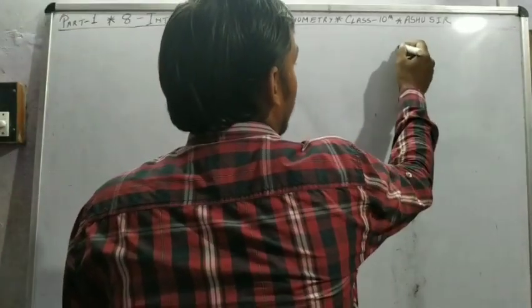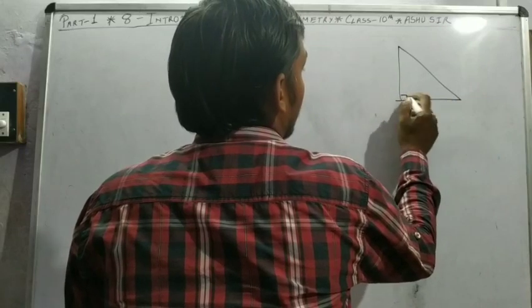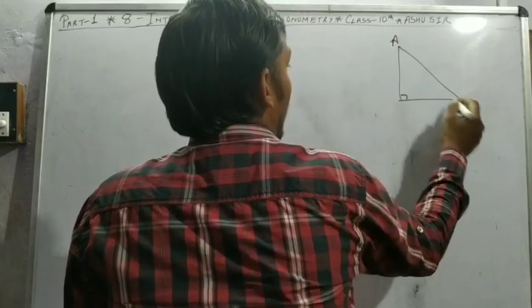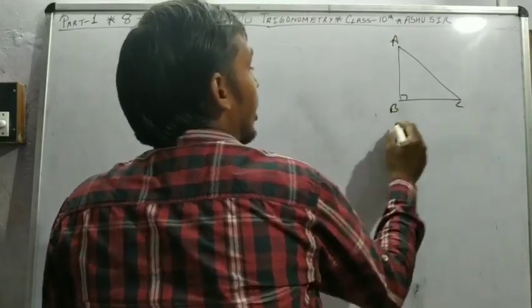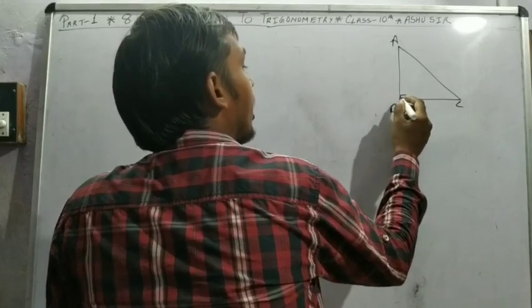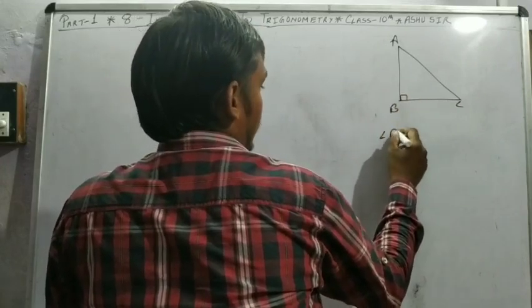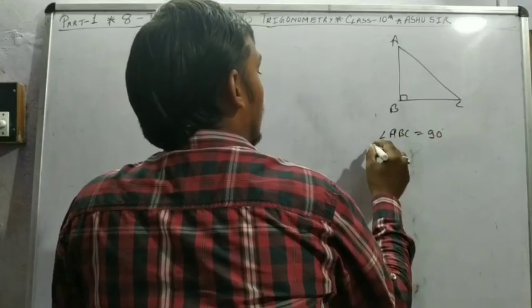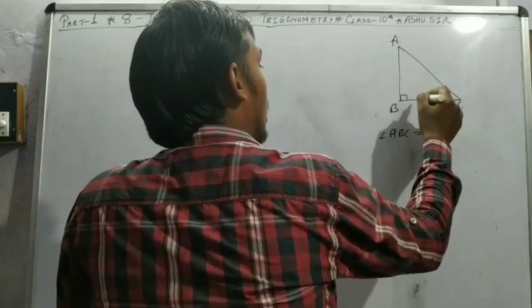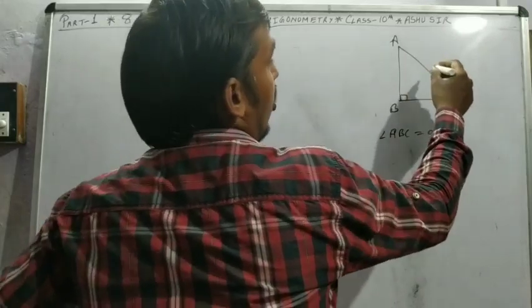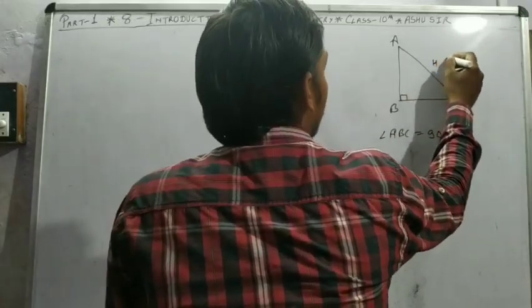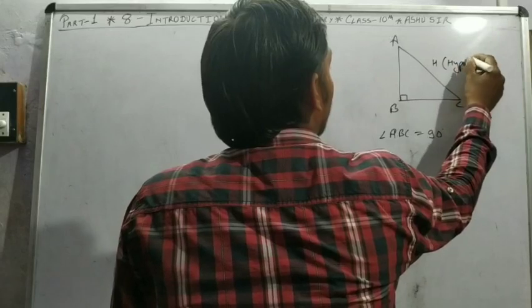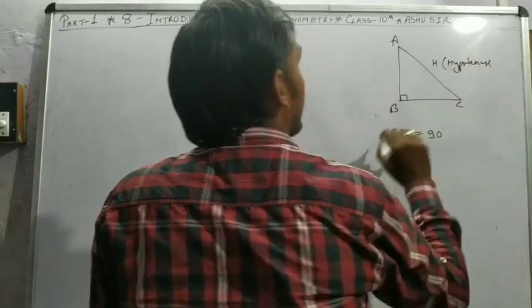I know, if ABC is a triangle, right angle at A, B, so the side opposite the right angle is called the hypotenuse.